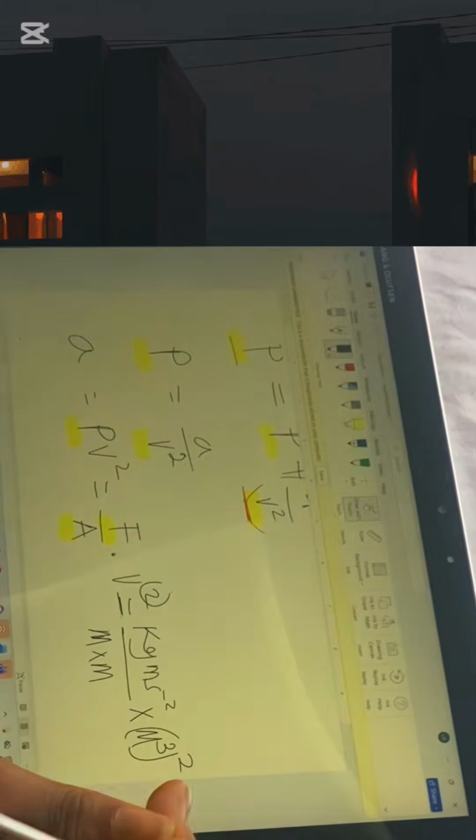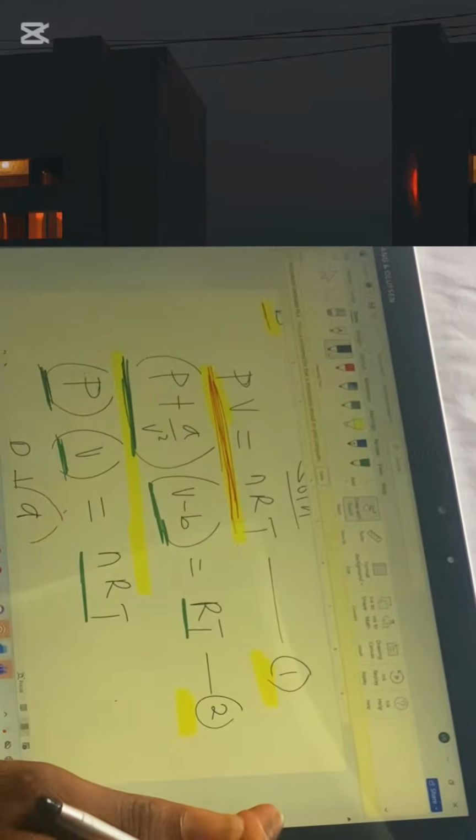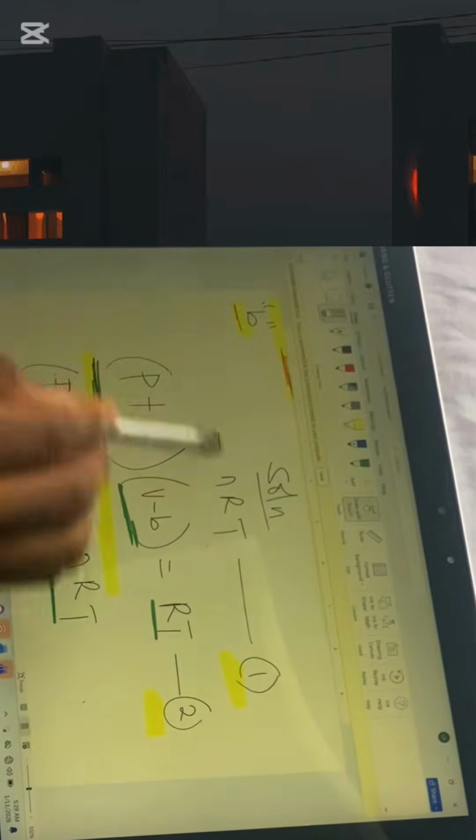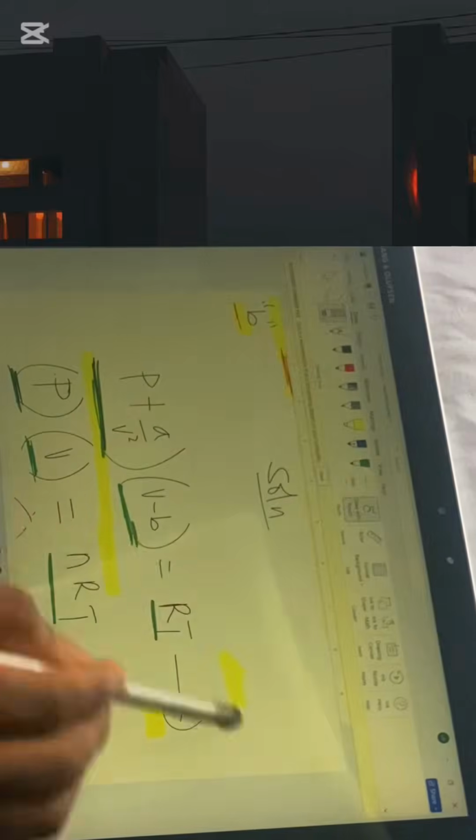Please permit me to use the app. Okay, let me clean this part here. Now when you simplify that, we have something like this, class.